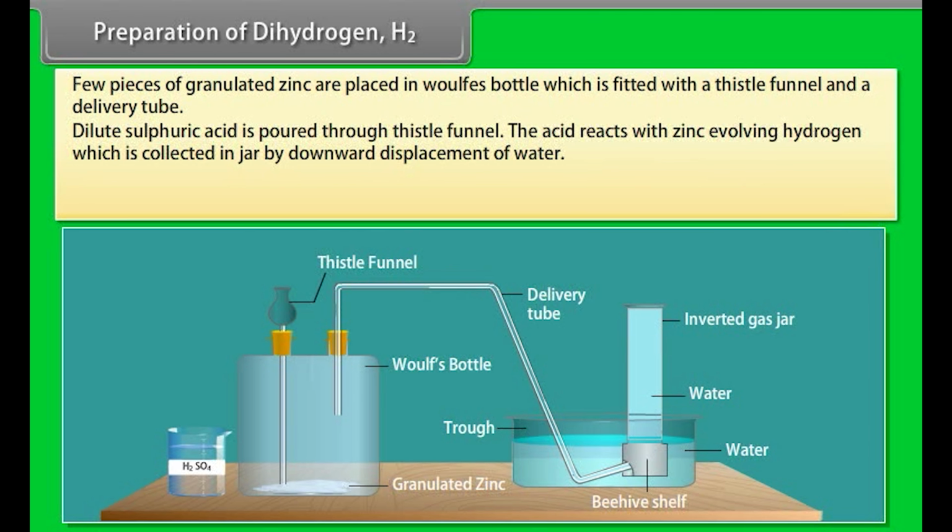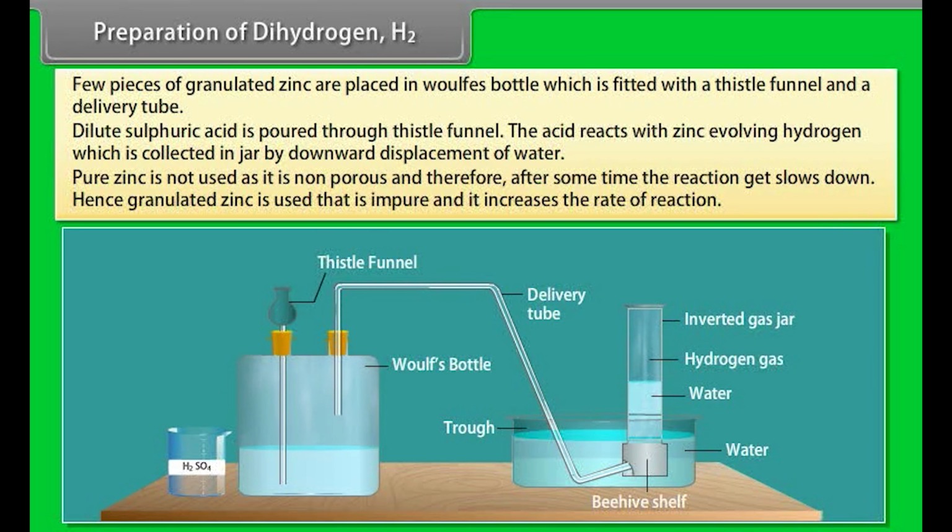Dilute sulfuric acid is poured through the thistle funnel. The acid reacts with zinc, evolving hydrogen, which is collected in a jar by downward displacement of water. Pure zinc is not used as it is non-porous and therefore, after some time, the reaction slows down. Hence, granulated zinc is used, that is impure, and it increases the rate of reaction.